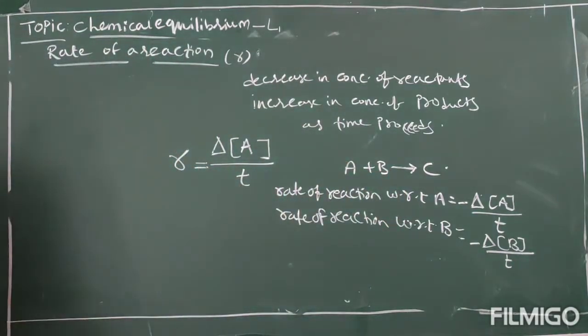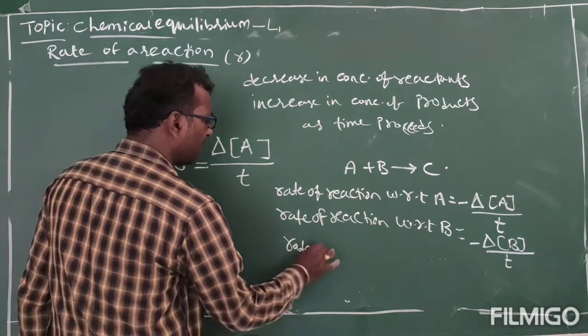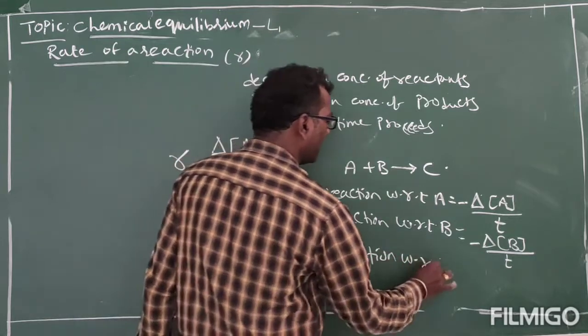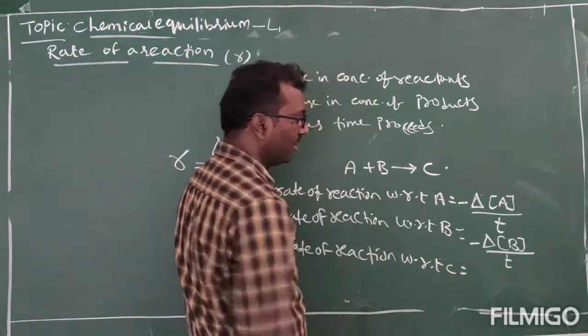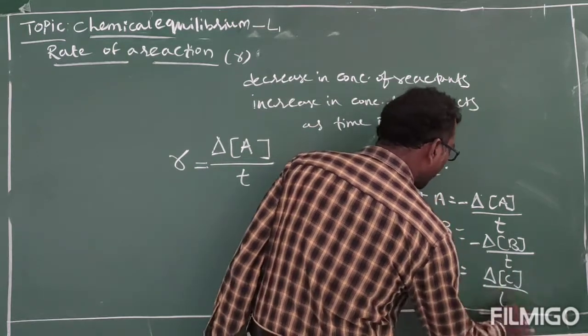And next, products. What is the product? With respect to product we have to write rate of reaction with respect to C, change in concentration of C by t.